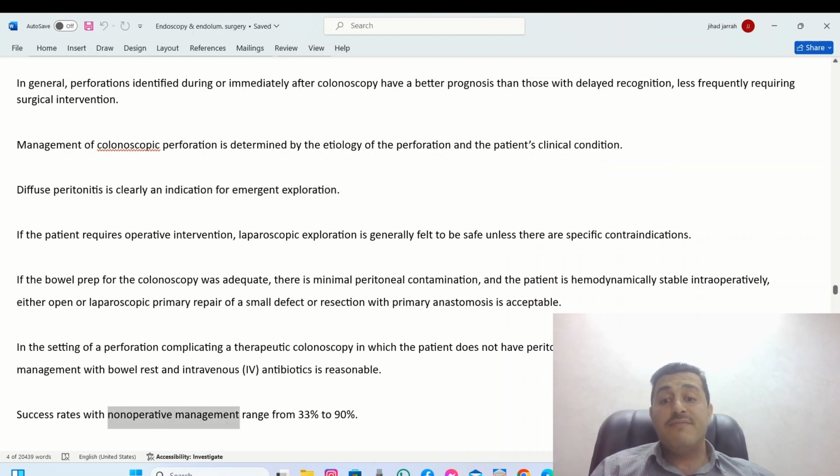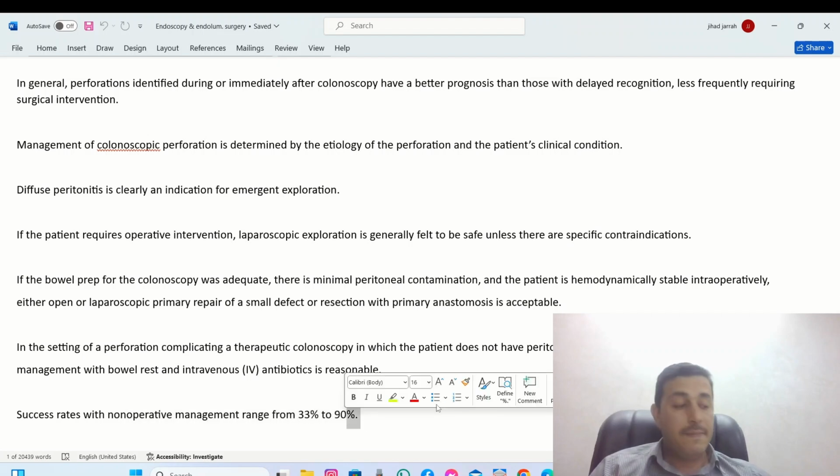Non-operative management success in these patients may be up to 90%. Operative management, laparoscopically or open, can be either primary repair or resection and anastomosis.